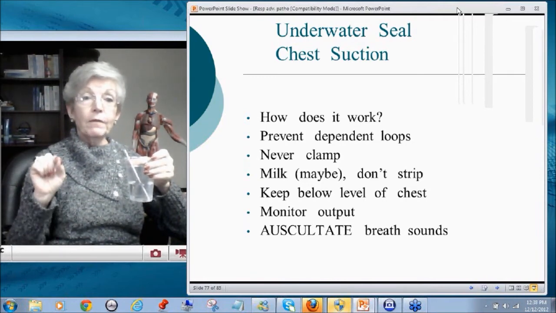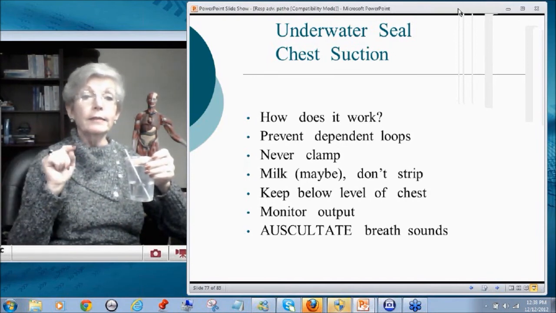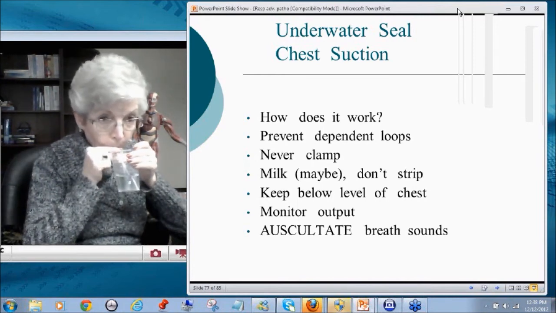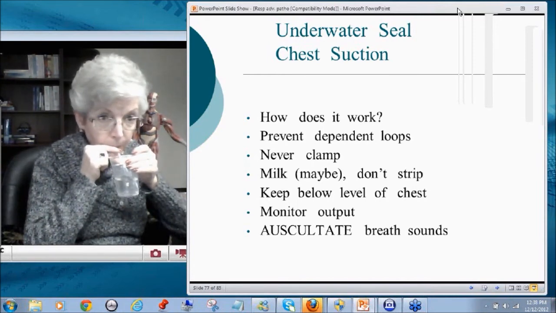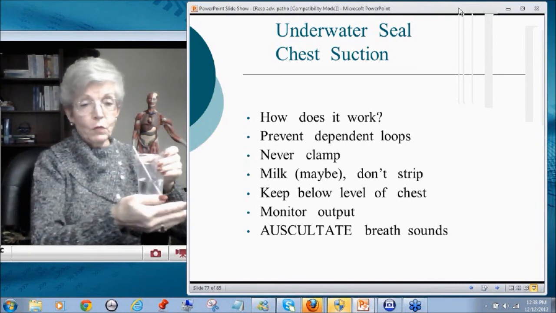Yet, if there is air in my lung, it can escape through this water, because it's like blowing a straw in a bottle in a water.